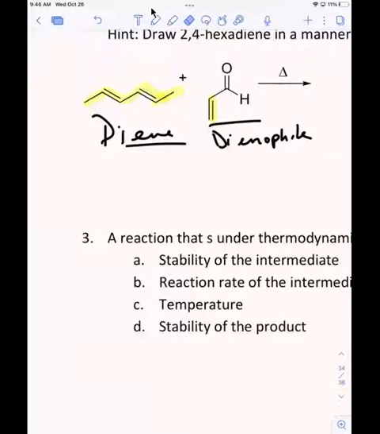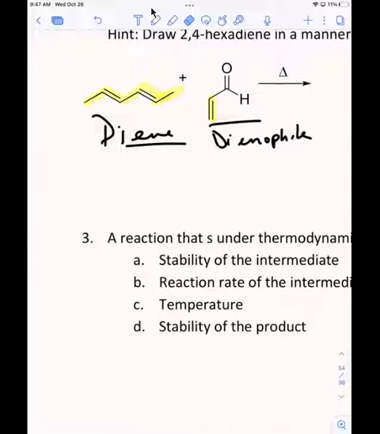Can somebody tell me why? Somebody who watched that Diels-Alder video, the first one. Tell me why the diene in its current state can't react. It doesn't have enough electrons. It's got plenty. It's got four pi electrons, two in each pi bond.